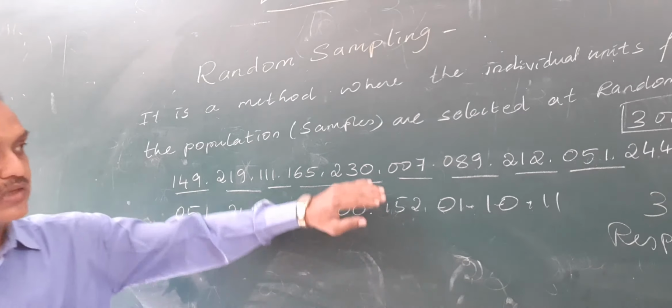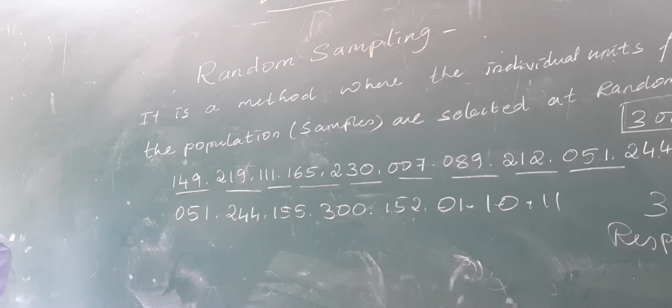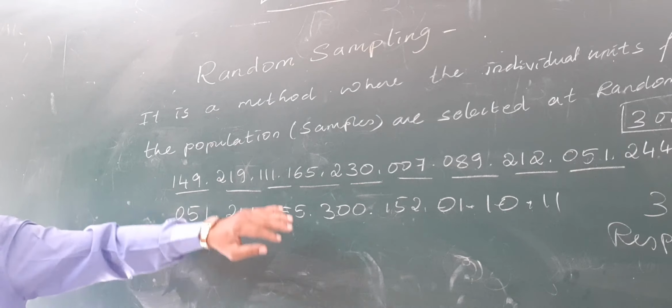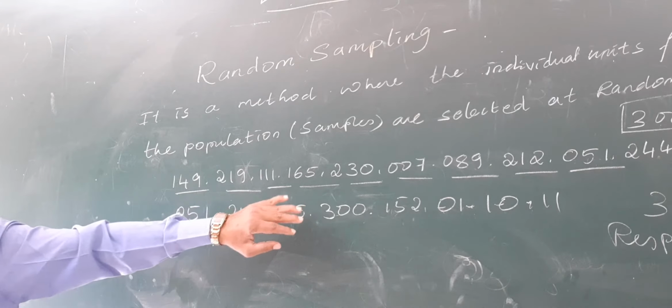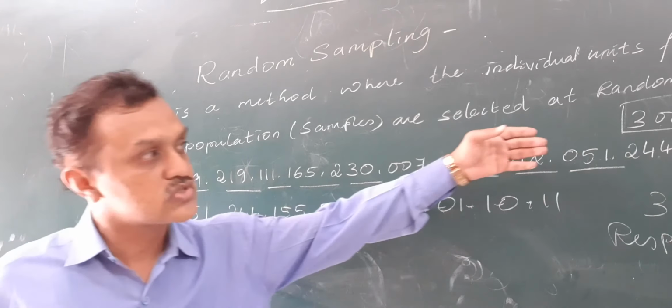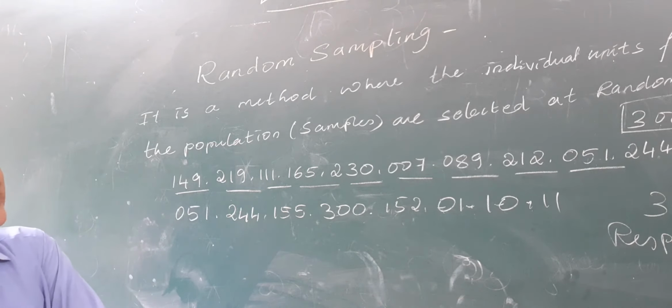So this method is called what here? It is called random sampling. Therefore, here we are not going to study all 300 households, but only select a few households as samples. So this method is called random sampling.